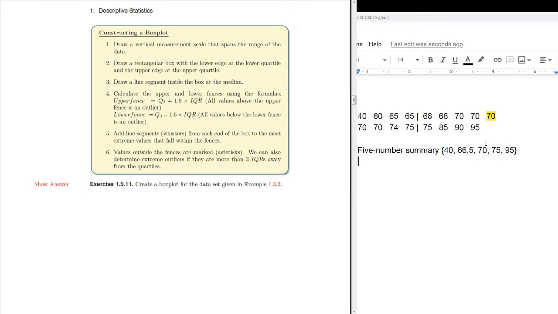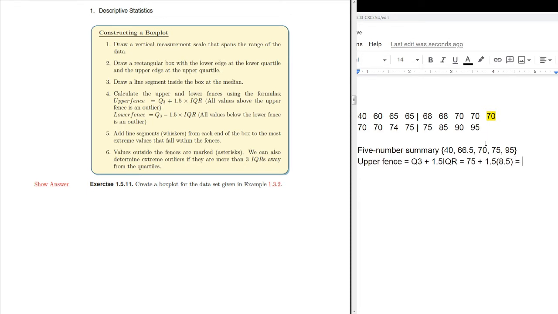So to find the upper fence, we will take the third quartile and add 1.5 times the interquartile range. So the third quartile was 75. We add this to 1.5 times the interquartile range, which we calculated to be 8.5.